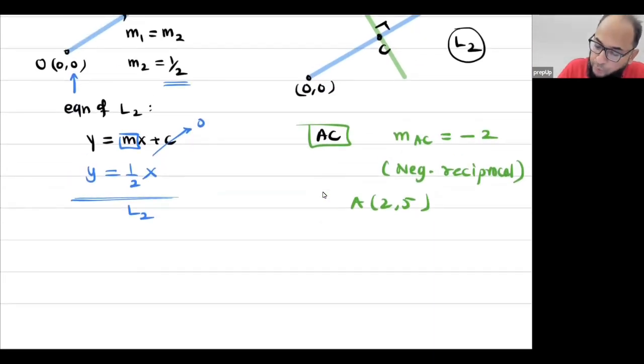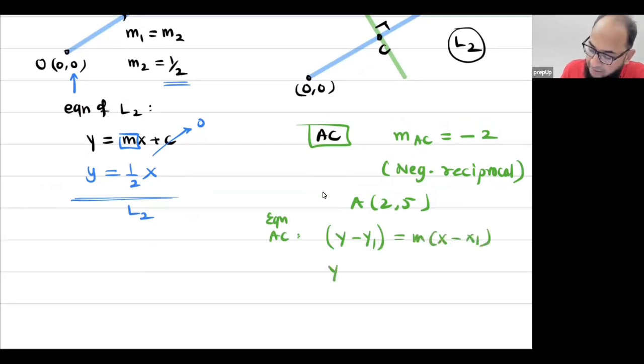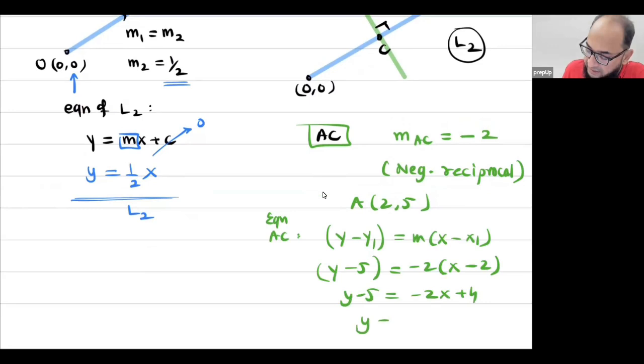Therefore, the equation of AC is y minus y1 equals m times x minus x1. Y minus 5 equals -2 times x minus 2, which is -2x plus 4. Y equals -2x plus 4 plus 5, so y equals -2x plus 9. That is the equation of line AC.